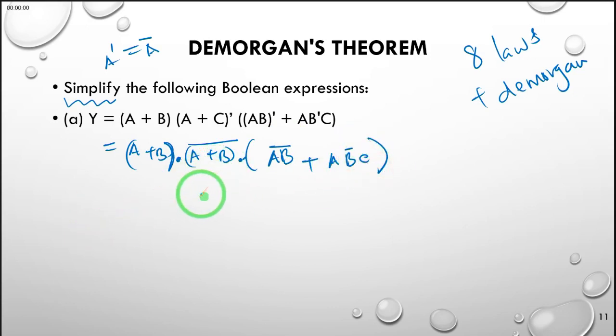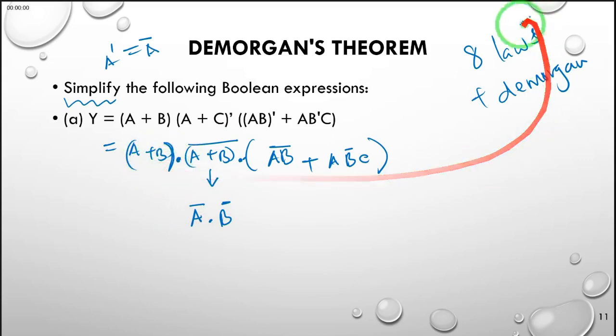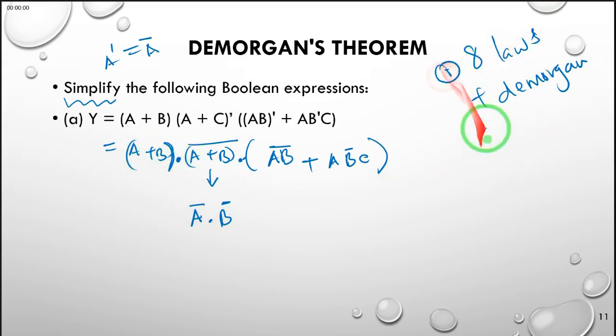So the first thing that I can do is to break this line and change the sign so that this becomes A bar dot B bar, and therefore I can open this bracket using these 8 laws plus the DeMorgan's theorem plus the commutative, distributive and associative laws.